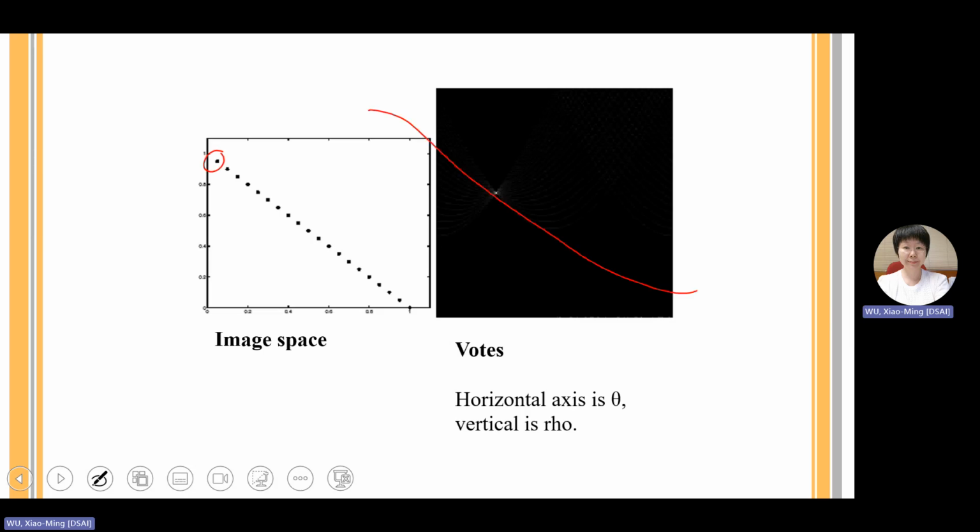You cannot see the individual curves here because of the high contrast. Each point corresponds to a curve in the rho theta space, and all these curves intersect at a single point. So this point corresponds to the parameters of this line.